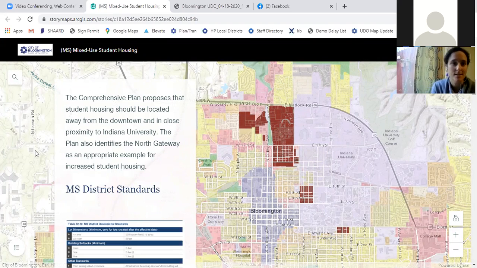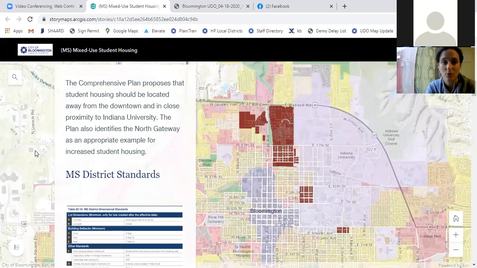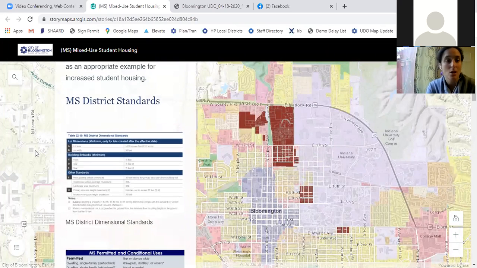So outside of the downtown and in close proximity to Indiana University were the two major takeaways from the comprehensive plan. And then the plan also specifically identified the Gateway North area as an appropriate example for increased student housing.